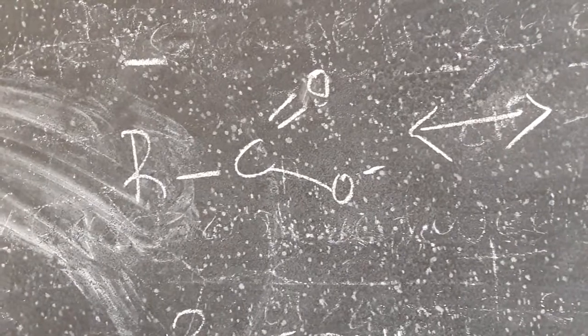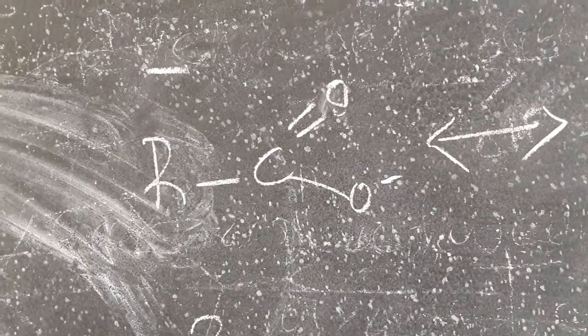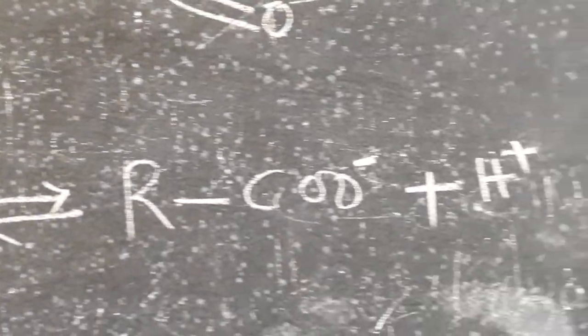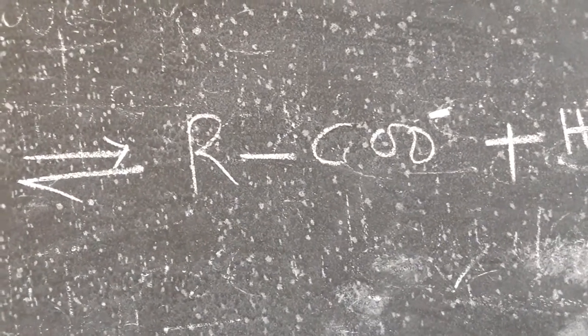In the last class, I told you carboxylate ion is formed from carboxylic acid. RCOOH gives RCOO minus and H plus. RCOO minus is known as carboxylate ion.